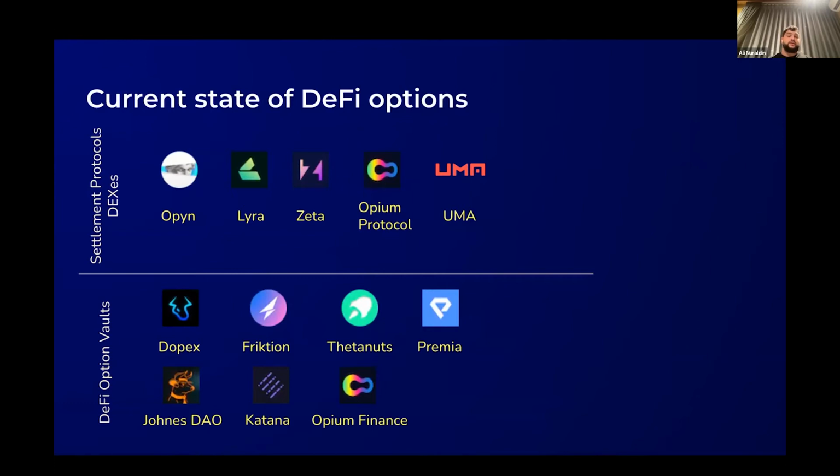Projects like Opium, Lyra, Zeta, UMA provide the settlement layer, the smart contract layer for settling peer-to-peer or peer-to-pool derivative contracts, or they have DEXs like order books or AMMs like Uniswap, for example, so you can come and trade with them directly. And the DeFi option vaults are Dopex, Friktion, Tetranuts, Premia, Jones DAO, Katana, Opium Finance.